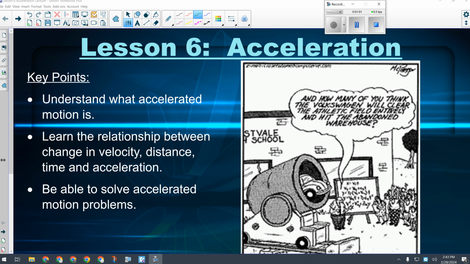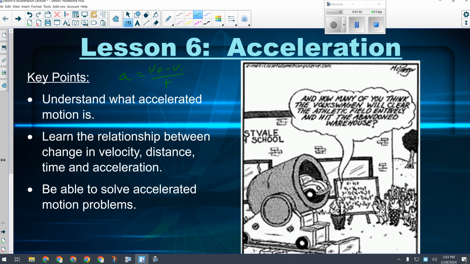That's where this formula that you learned last year comes from. Acceleration is the rate at which you change your velocity in meters per second, or meters per second squared. All right? So that's what you learned last year.